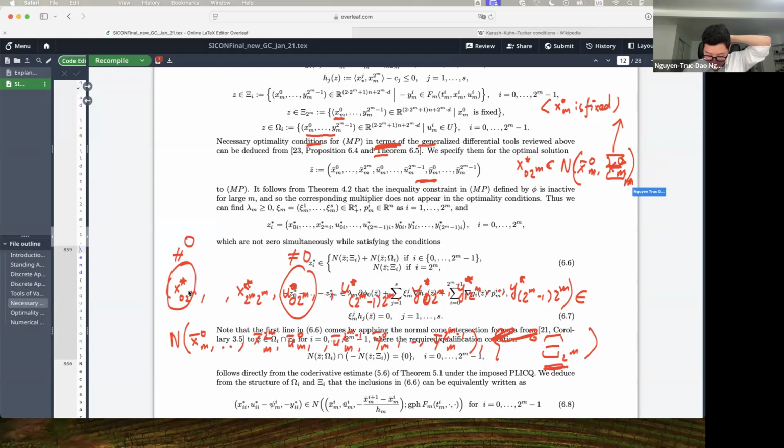This is a set. And if you want to rewrite, assume that this set is convex, okay? Convex, then based on the definition of normal cone, what do we have? Let me show you.